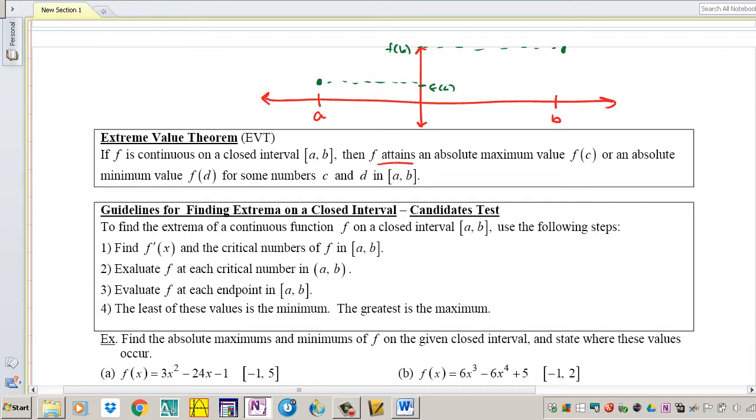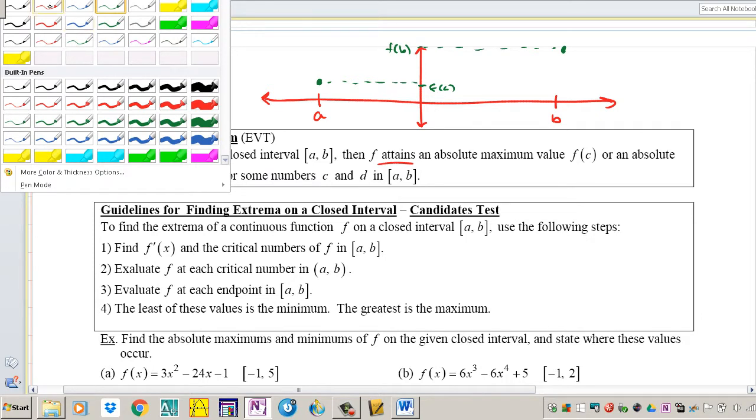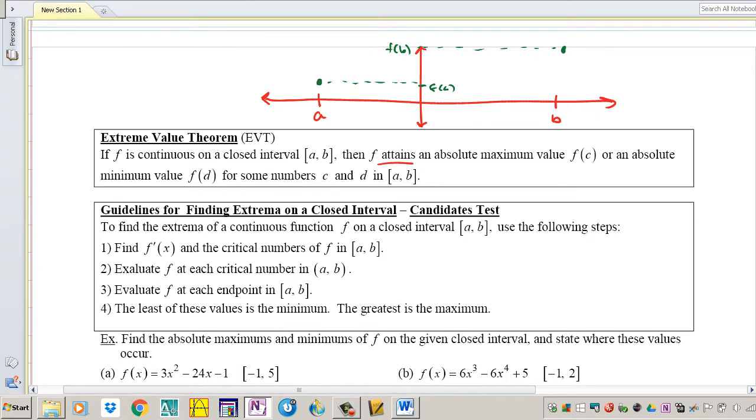Now, how does a continuous function look like? A continuous function looks like a function with no holes, no gaps, no discontinuities. Now, just by looking at this function here, do I have an absolute minimum? Yes, I do. My absolute minimum is this little green dot here, and that's going to be my C, or I'm sorry, I'll let that be my D. Do I have an absolute maximum?